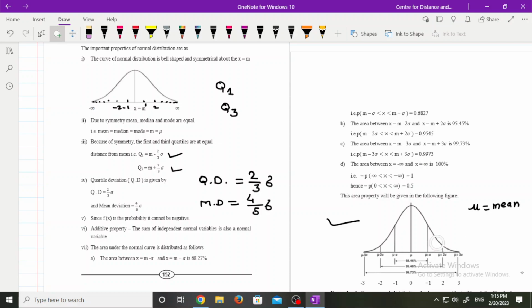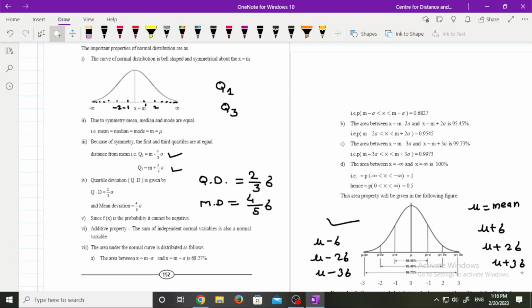This line represents mu plus sigma, then this line represents mu plus 2 sigma, then mu plus 3 sigma. Now, this is our mu minus sigma, then this one is our mu minus 2 sigma, and this is our mu minus 3 sigma.